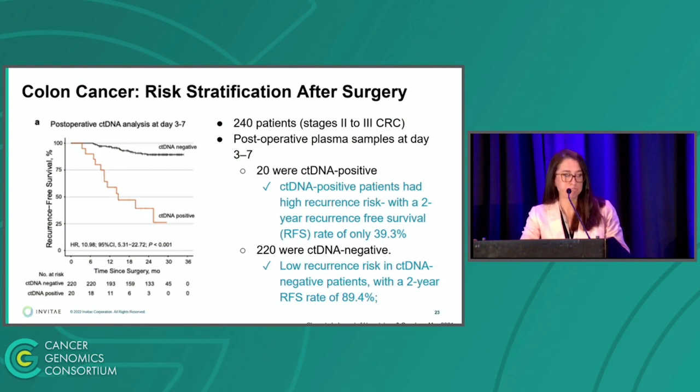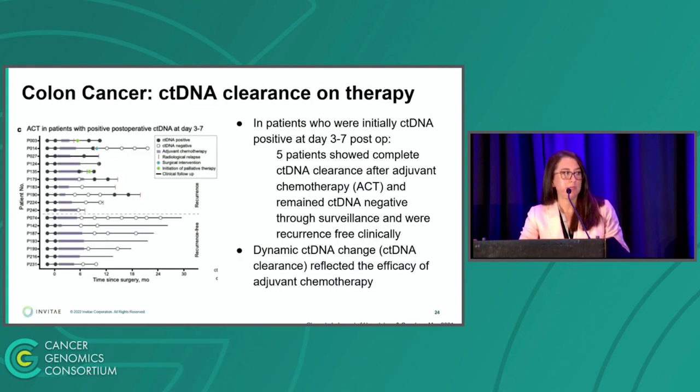And then in that same study, the investigators looked at how adjuvant chemotherapy helps the patients that were ctDNA positive, and whether you can derive information from the ctDNA after adjuvant chemotherapy to assess the response. So in this event chart, I know it's probably hard to see, but essentially there are 5 patients who were positive after their surgery.